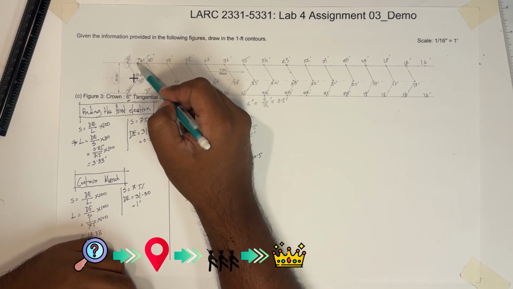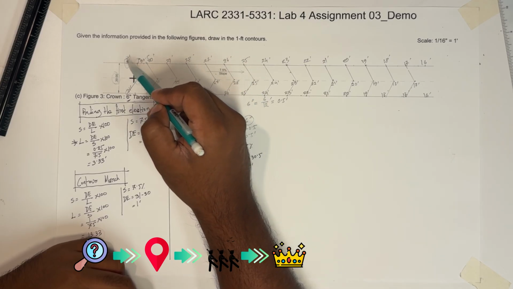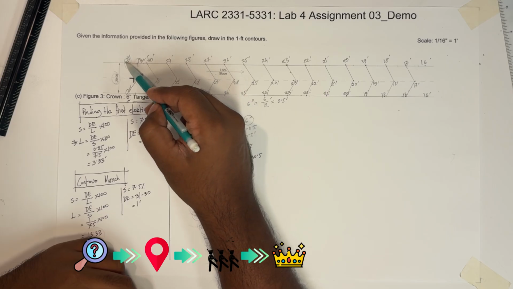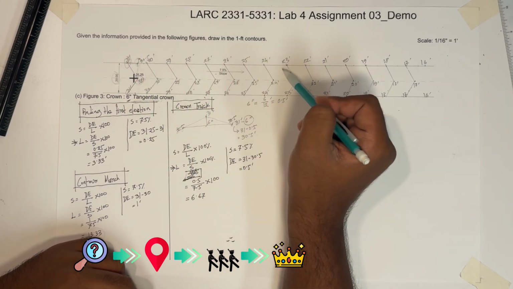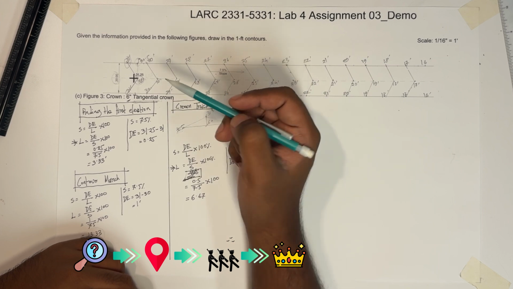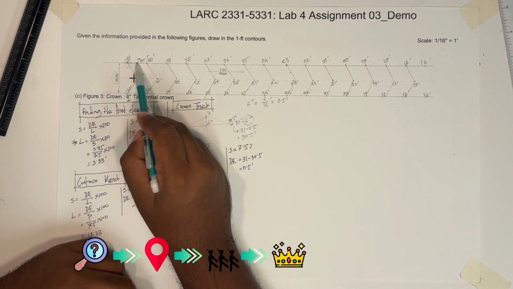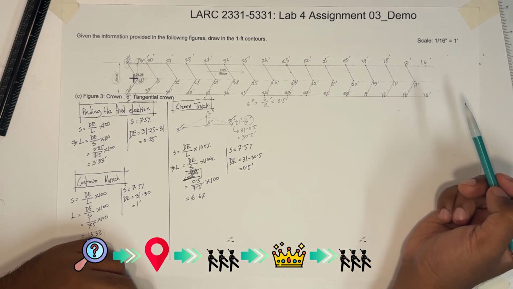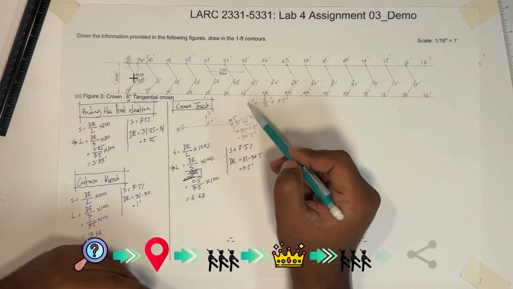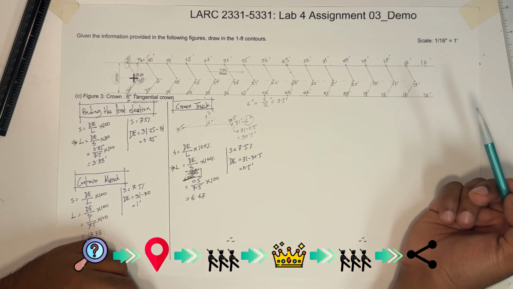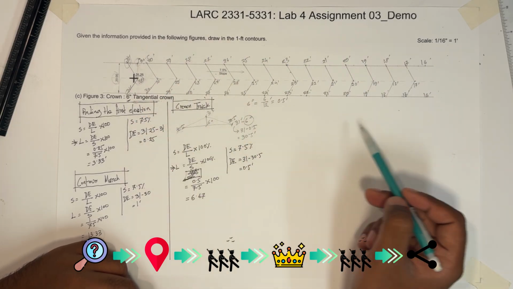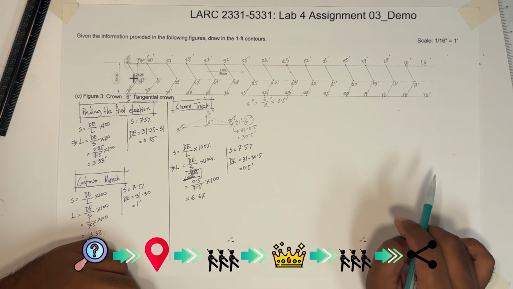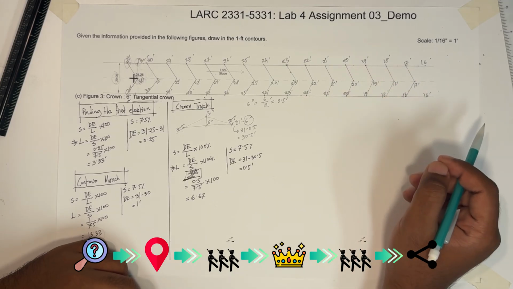And then from here, we found out the 31 feet towards that way, because this way it's going down, that way it's going up. And then we did 2 more contour marches along the length of the road. And then essentially in the end, we connected all the dots. So those are the 6 steps of finding the contour lines with a crowned road.